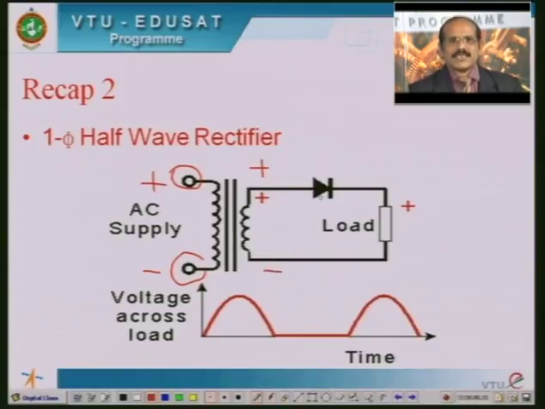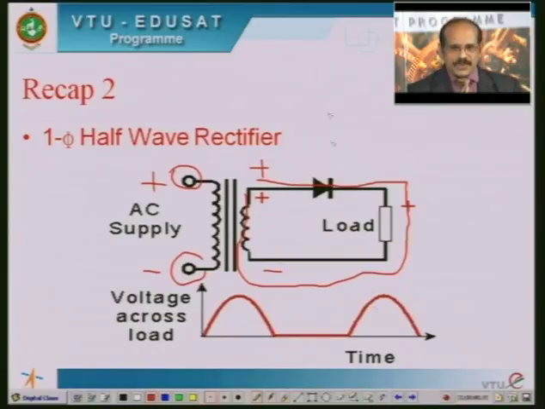Now you can see that the anode of the diode is at positive potential, whereas the cathode of the diode is at negative potential. Therefore, the semiconductor diode is said to be forward biased. When the diode is forward biased, it almost acts like a closed switch. So, the current flows from this terminal through the diode, then the load, and then back to this terminal. Therefore, the load terminals are connected to the source terminals and the output follows the input.